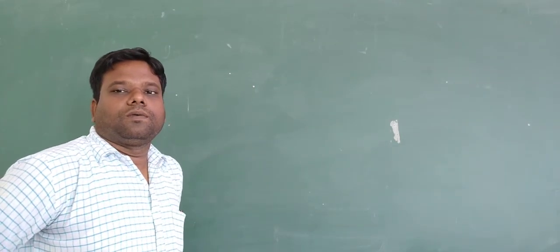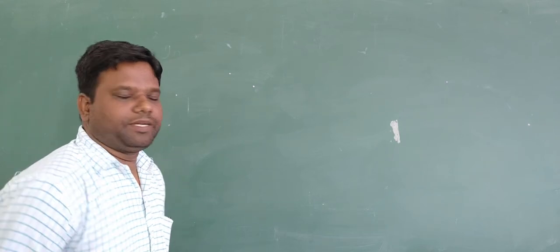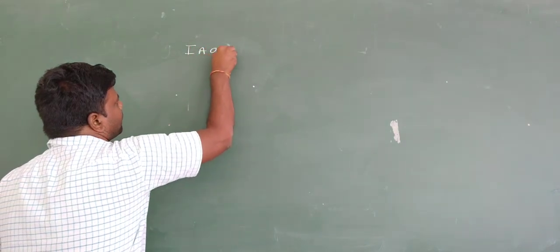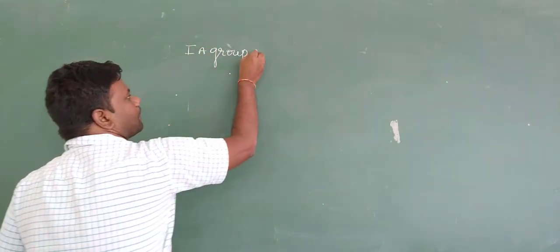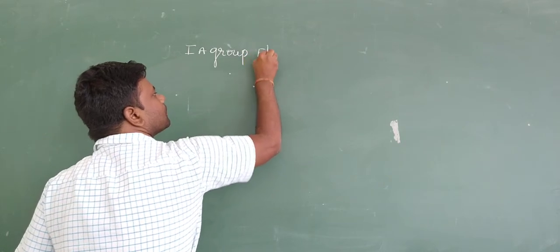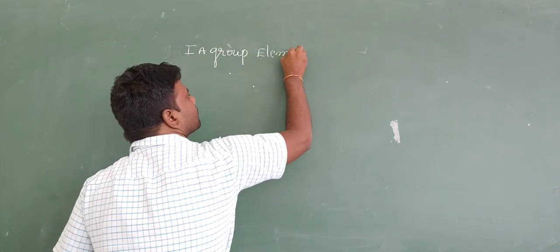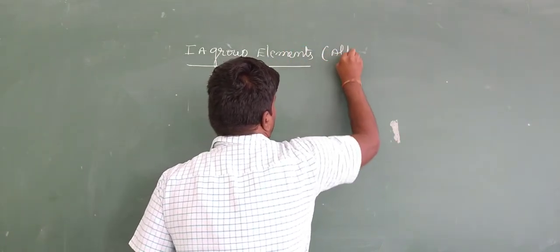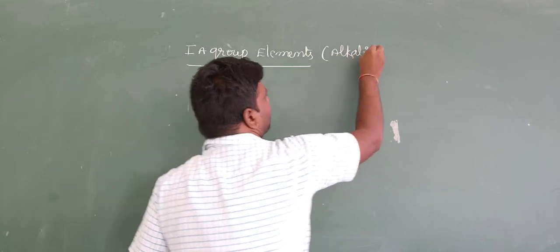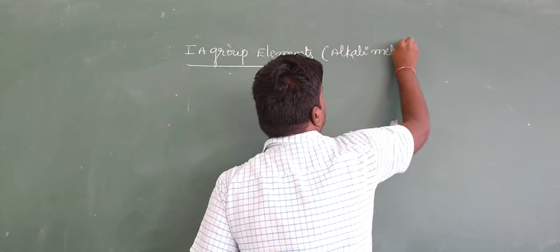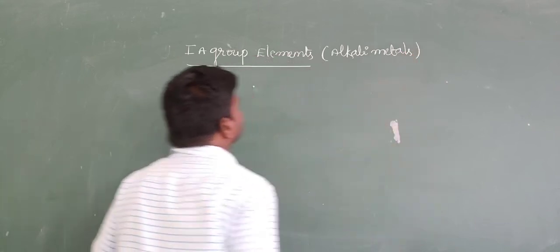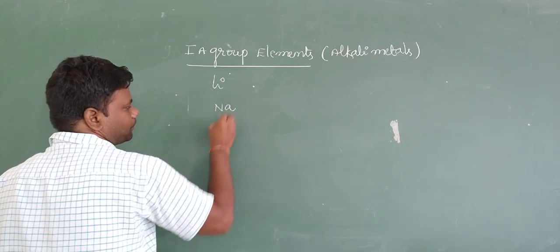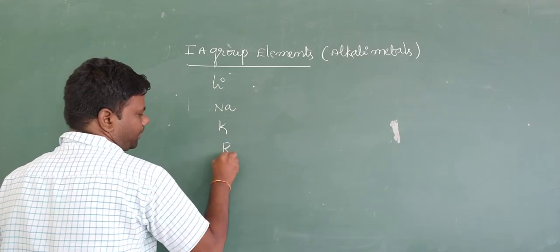Now we are going to discuss first A group elements, also called alkali metals. First A group elements are lithium, sodium, potassium, rubidium, cesium.